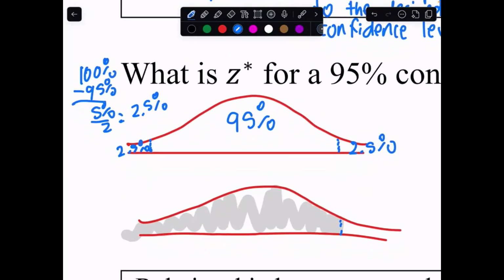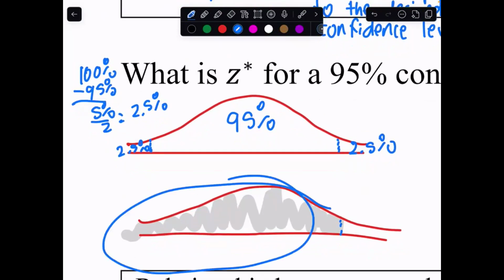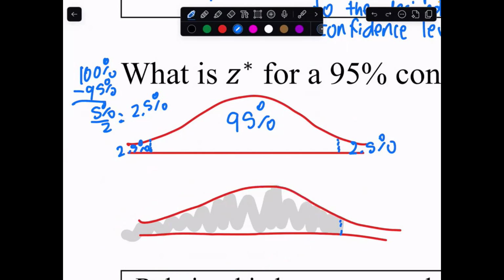Now, since the area to the left is this and this combined, you would add them together. So 95% plus 2.5% means we're going to use the table to look up an area of 0.975 to the left.